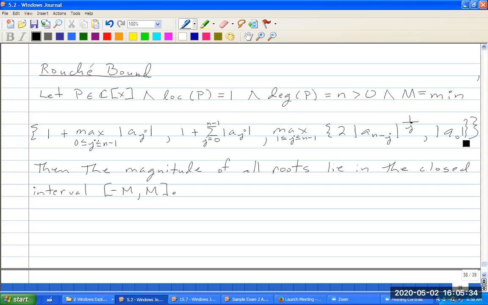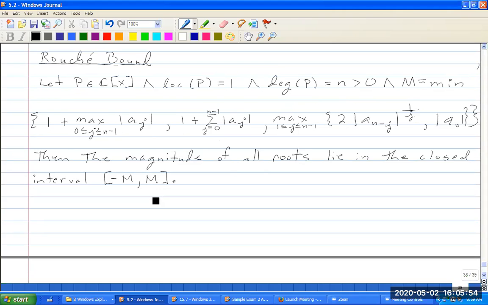So the minimum of those values. Then the magnitude of all the roots, including the complex roots, so this is in the complex plane, lie in the closed interval from minus m to positive m.